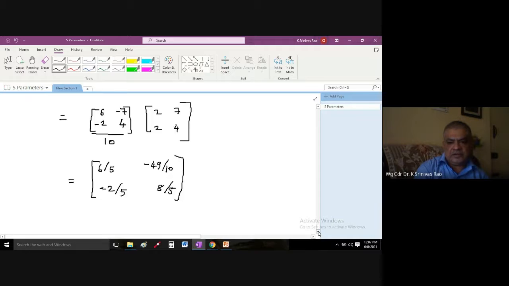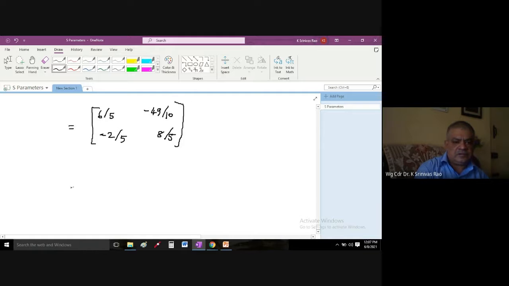So now I can finally write the S matrix for the given problem after calculating the whole thing. This will be 1.2, minus 4.9, minus 0.4, and 1.6.